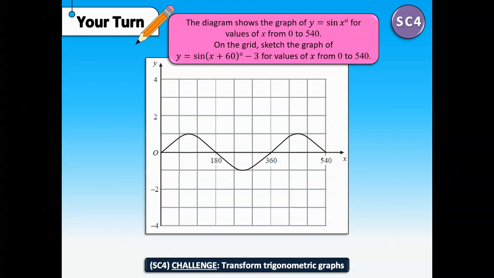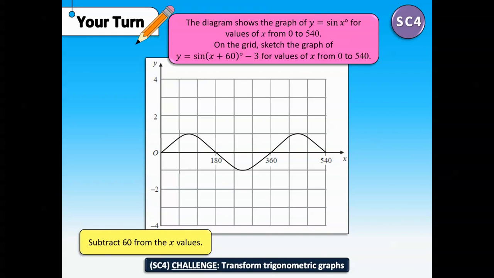Here's another question for you to have a go at. Pause the video, and when you're ready to see what you should have done, press play. So this time, we want to sketch the graph of y equals sine (x plus 60) minus 3.